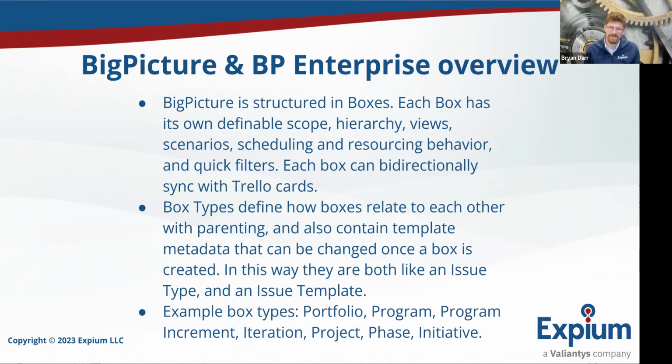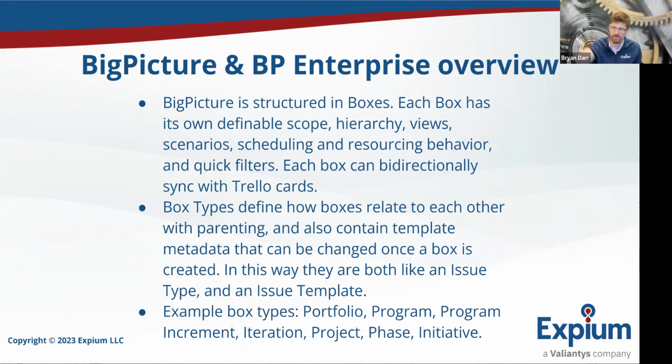Box types define how boxes relate to each other with parenting. So a box could be a program increment in SAFe, and that could relate to a portfolio as a parent, for example. Or if you're doing traditional planning, a box could be a phase, and that could roll up into another box called a project.